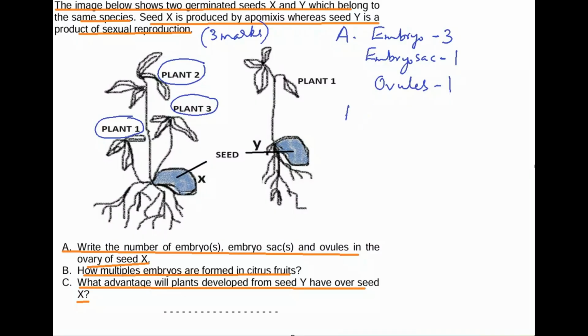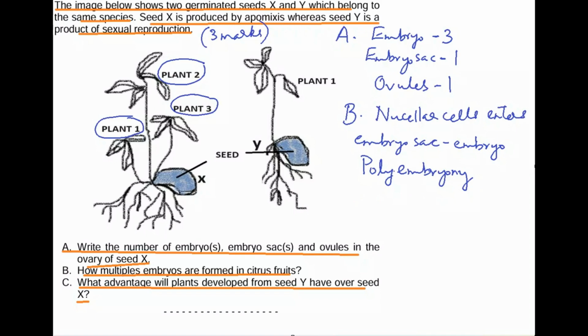Now the B part of the question. How are multiple embryos formed in citrus fruits? In citrus fruits, the nucellar cells will enter into the embryo sac and each one will become an embryo, and this is called polyembryony.